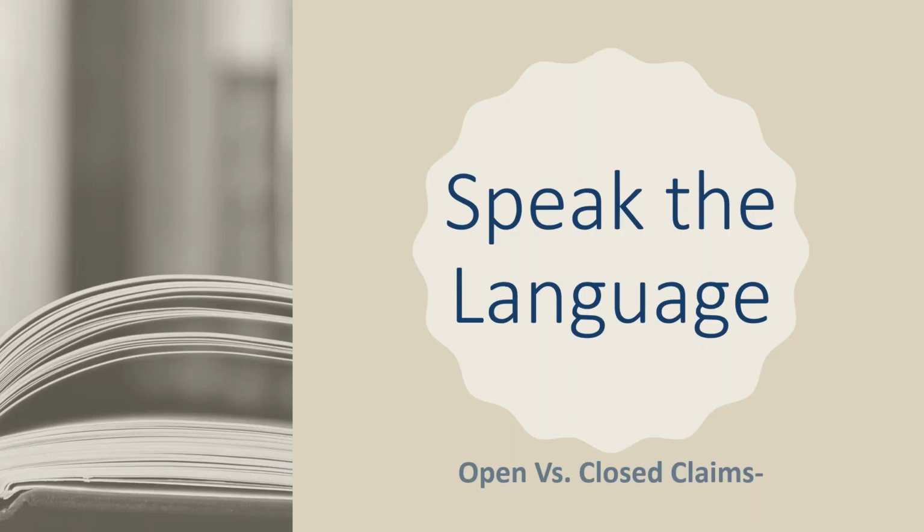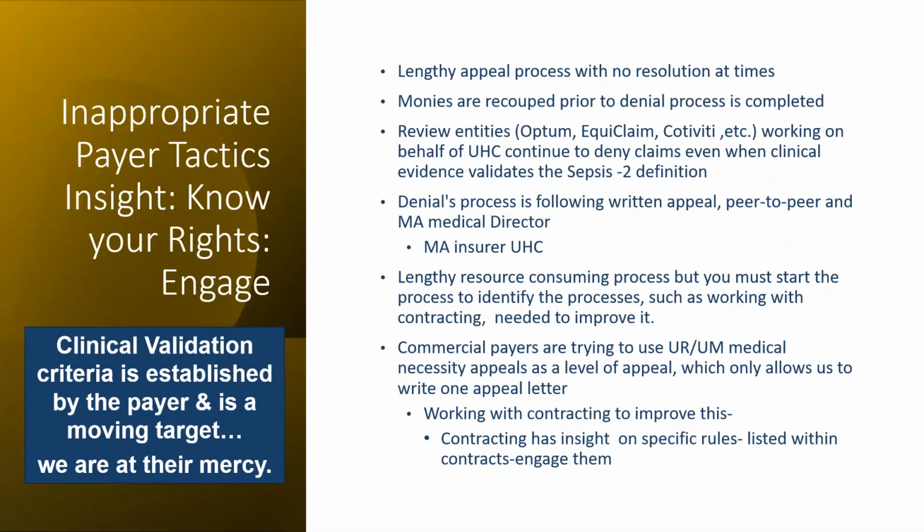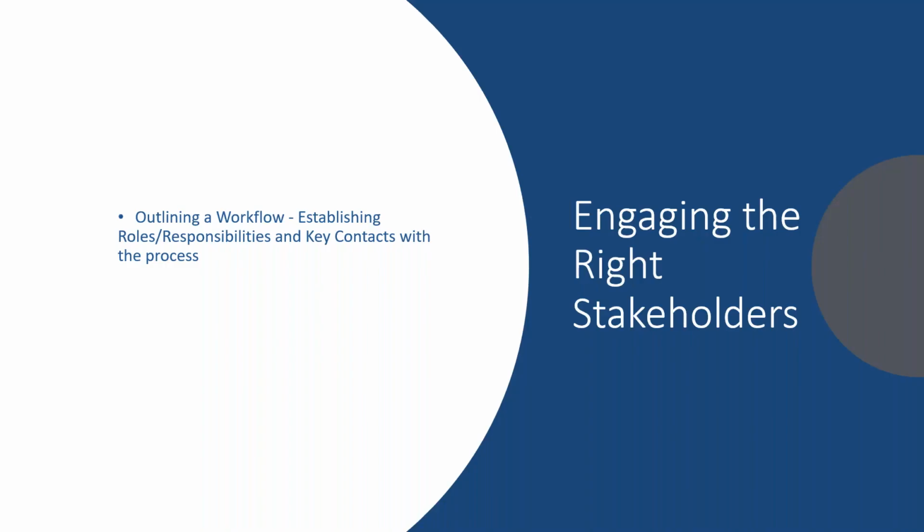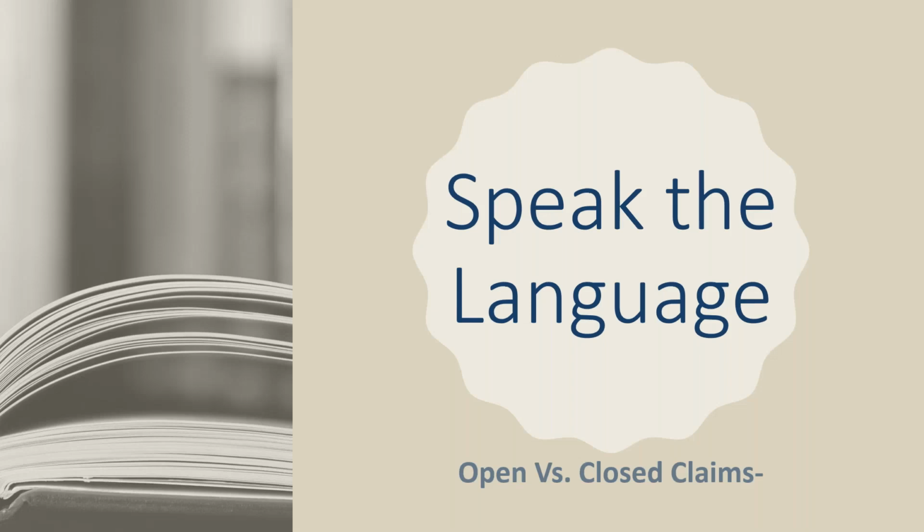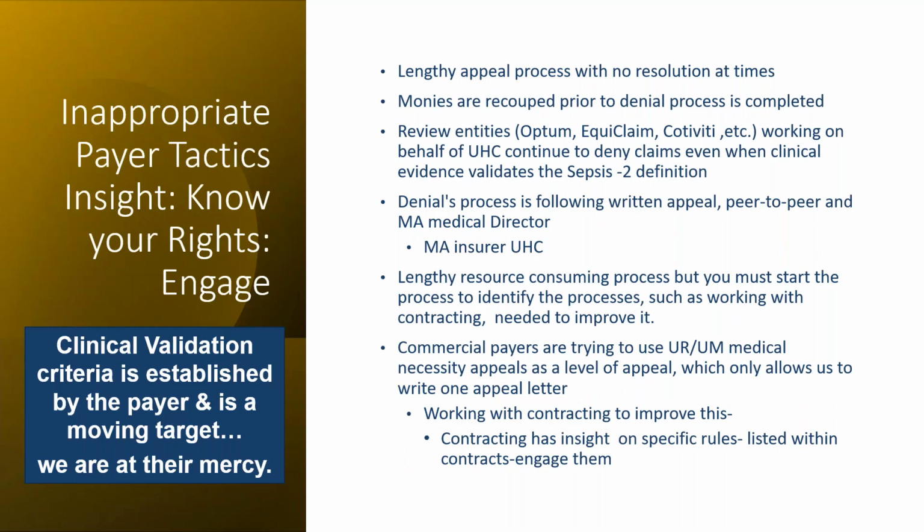Just any tidbits as far as maybe pulling in some of those other departments that some individuals may have not understood or may have overlooked that they are part of the process, and then just really getting their buy-in. Anything from any of those areas that you would suggest that you can all kind of wrap your arms around, whether that be a specific diagnosis you're always seeing that everybody has a common understanding of, or just the dialogue that allows you to speak the same language with those other individuals.